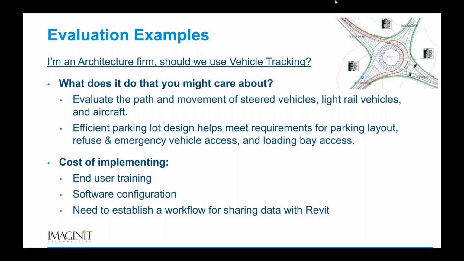Could it be something where you're taking a Revit model and sending it to DWG so you can open that up in the vehicle tracking software and take it a little bit further? There are all sorts of possibilities for how you do that, but that becomes part of the cost of implementing. You've got to think about these things to understand what's going to be right. So on the next slide, a couple other types of questions that you might ask yourself as it relates to vehicle tracking.